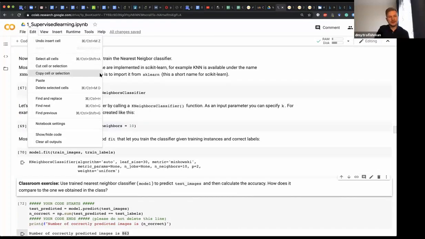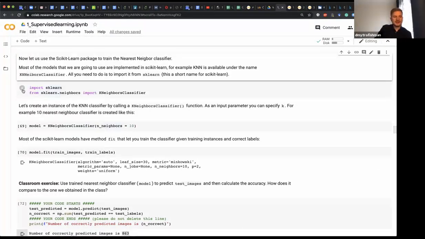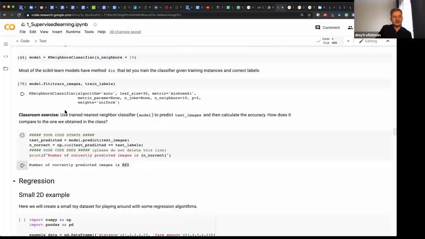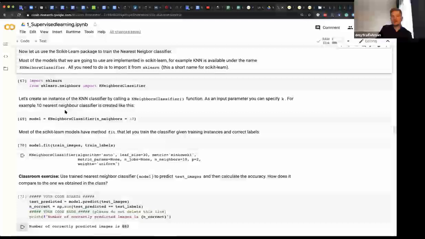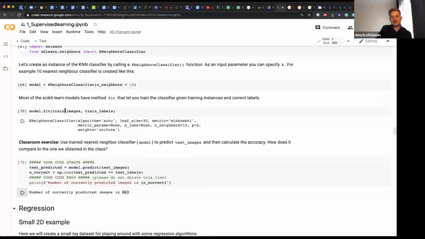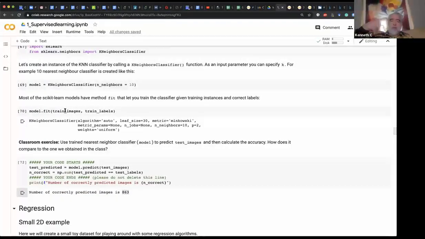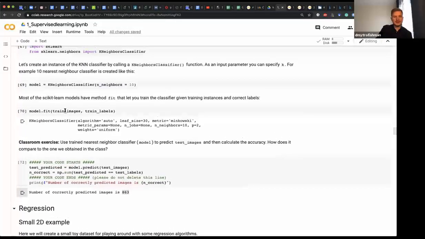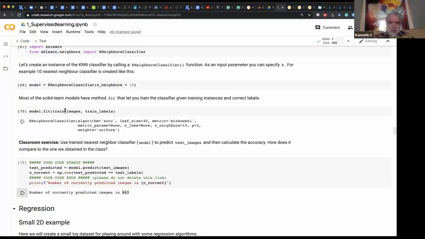For example, I have 67 and then 69, and then 70, 72, and you probably have different cell numbers too. Especially since I'm running it multiple times to test. So they are not really good for referencing, saying let's go back to cell 69, because it wouldn't make any sense for anybody.